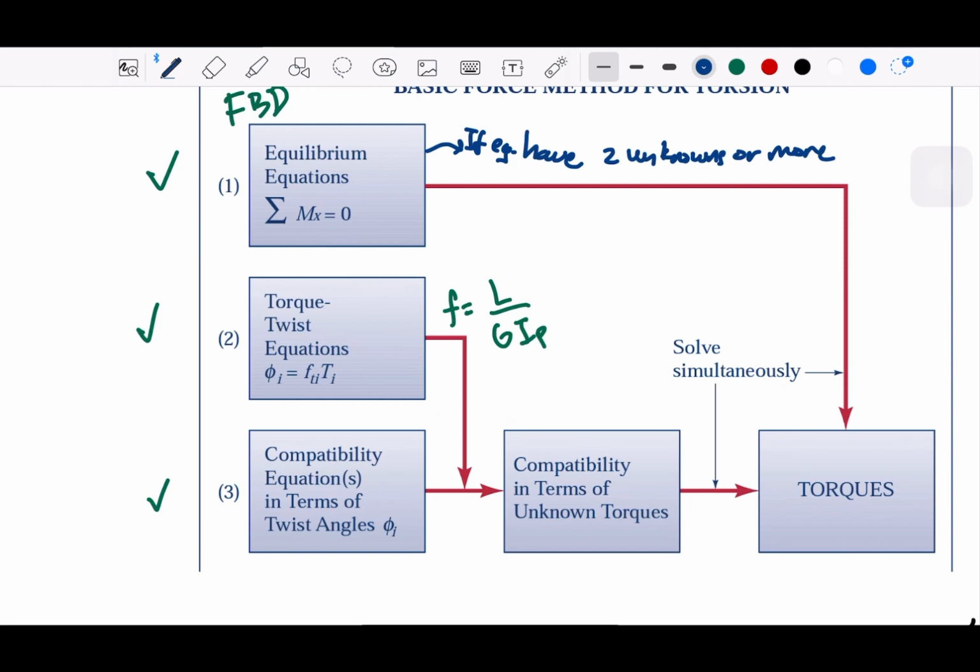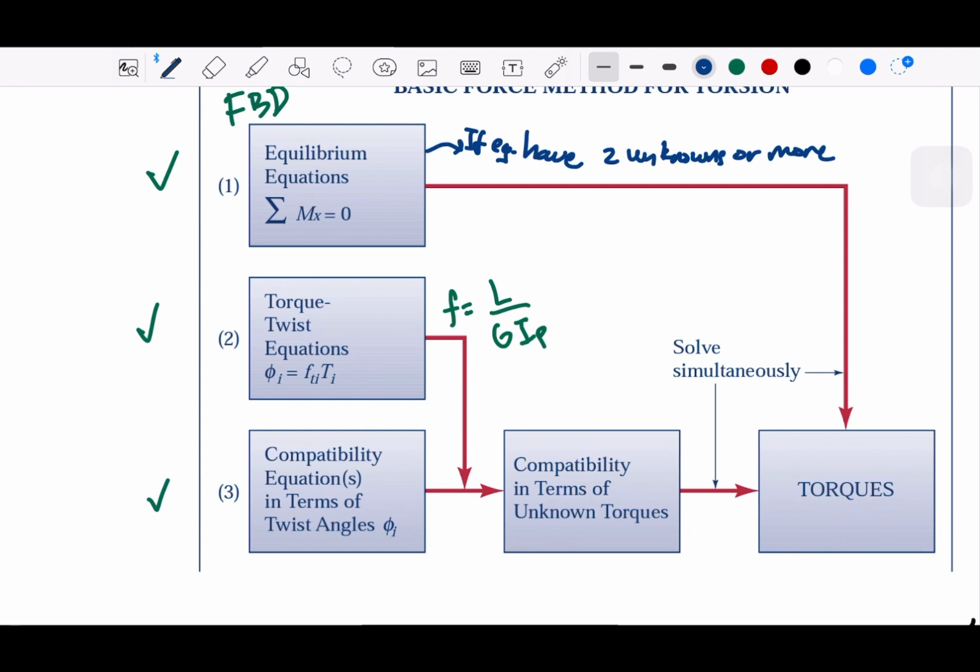So with compatibility, you can find the torques. Perhaps you get T1, T2, or maybe T3, three unknown forces, and to relate these three you need to find the compatibility equations, and then from there you can solve the linear equations and find the torques. So it's pretty much the same iterations.